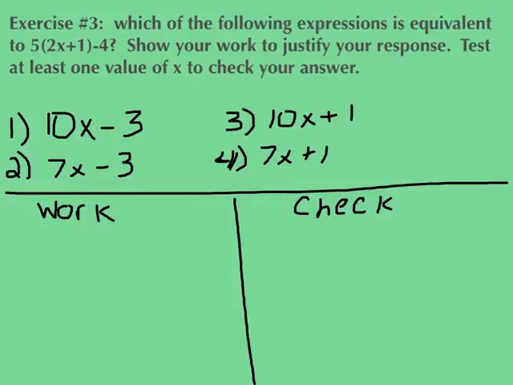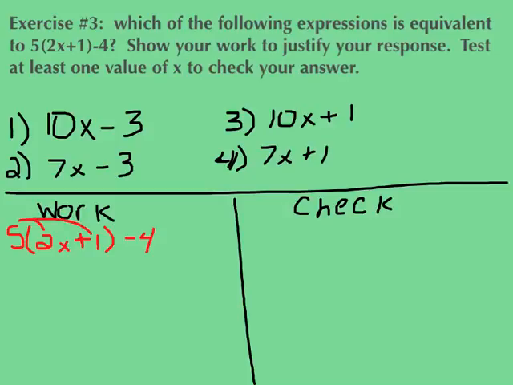The first thing I'm going to do is write down the problem. 5 times 2x plus 1 minus 4. So the first thing I need to do that I learned in lesson 4 is distribute.